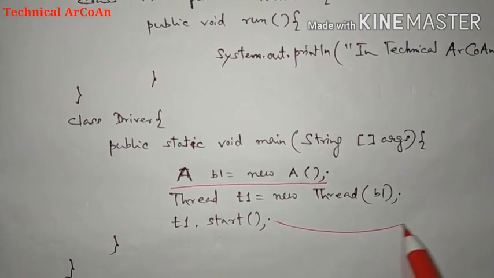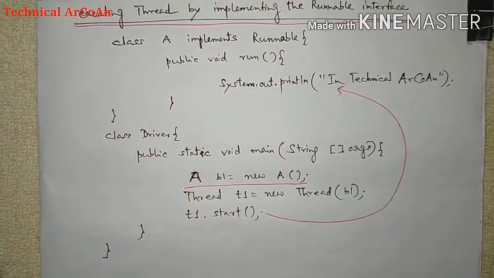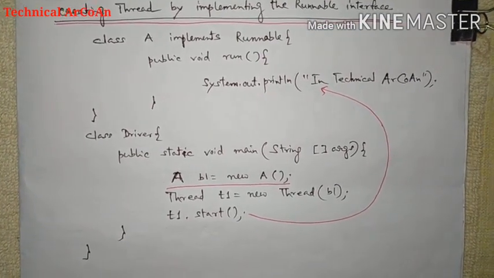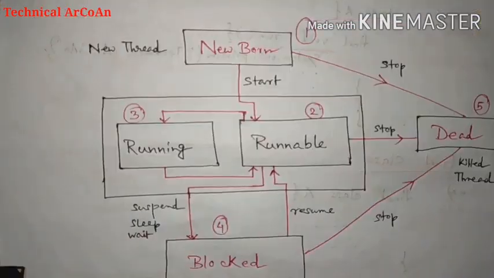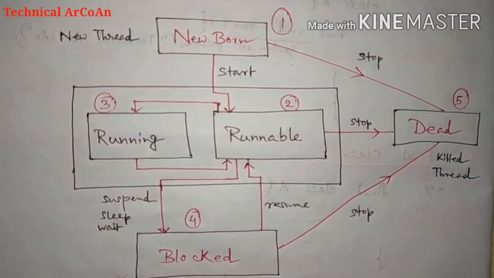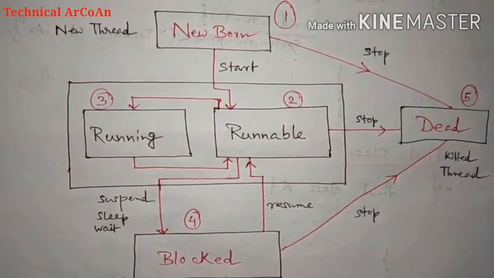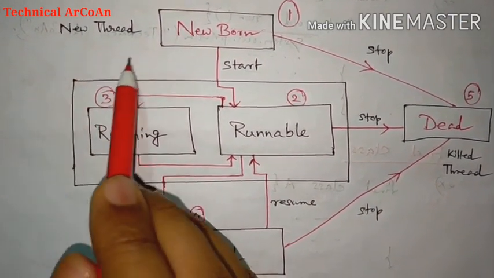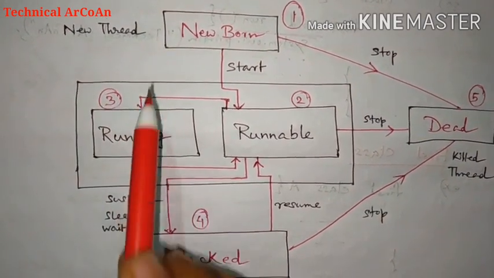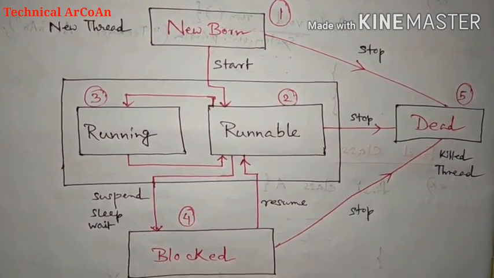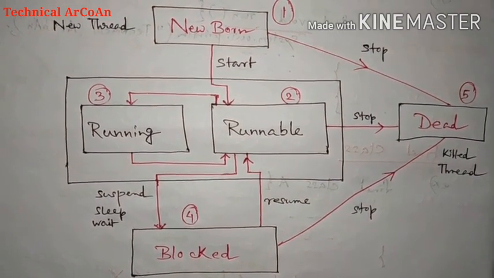That means it will again call this run method, and in that way it also runs parallelly. One point to remember in multi-threading is that once a thread has been started, it can never be started again, otherwise it throws an exception.